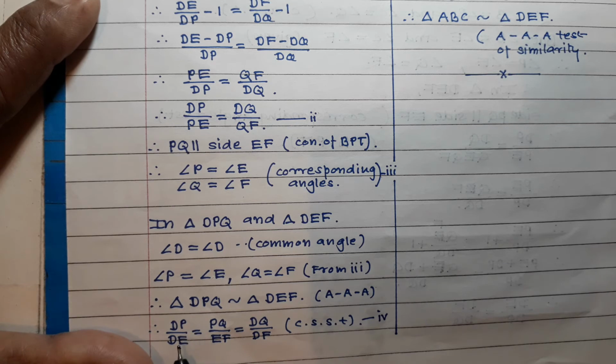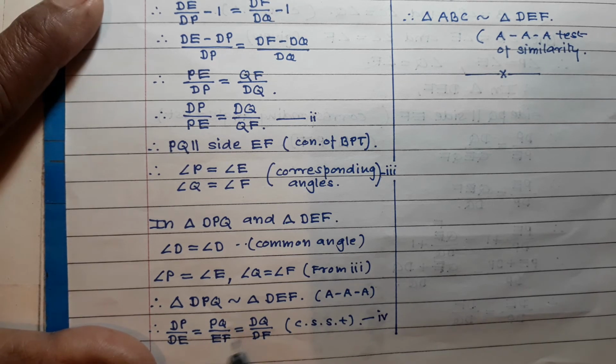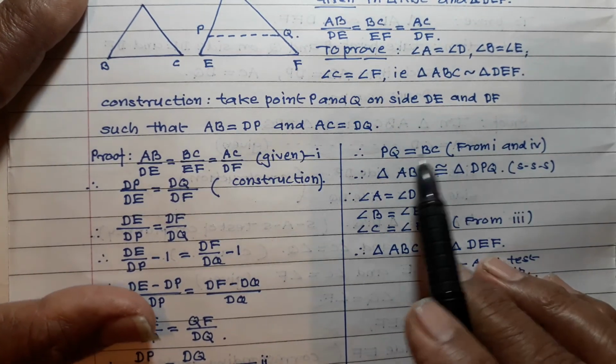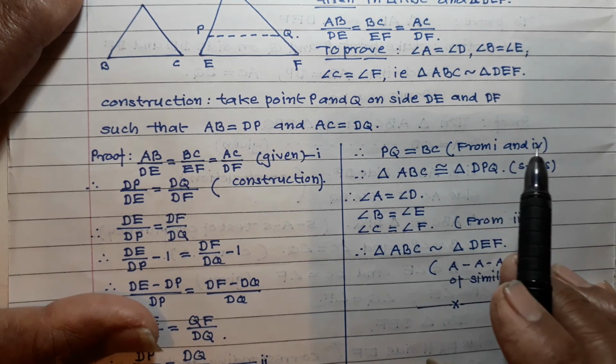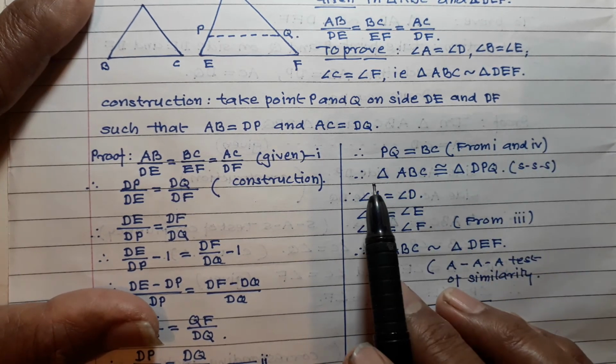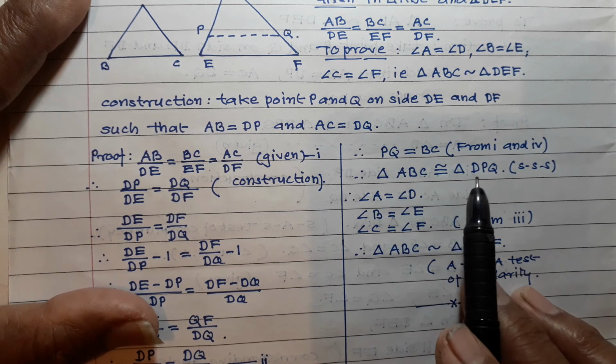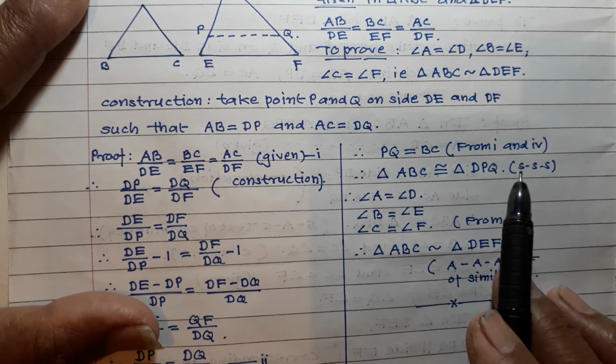Therefore DP upon DE is equal to PQ upon EF is equal to DQ upon DF, corresponding sides of similar triangles. And therefore PQ is equal to BC from 1 and 4.